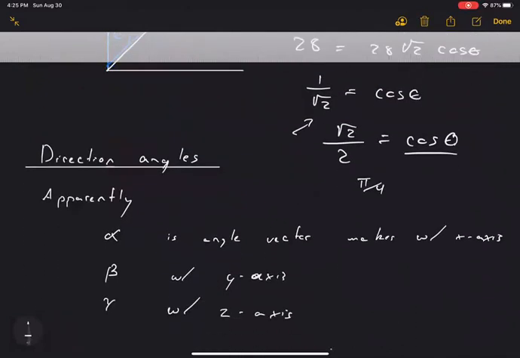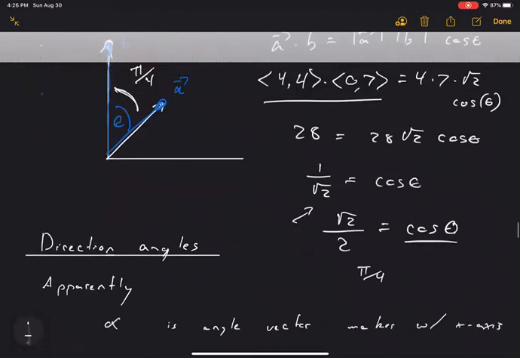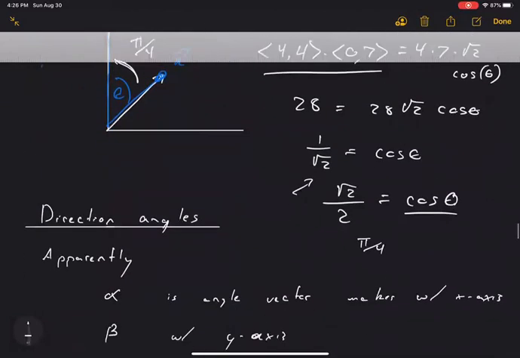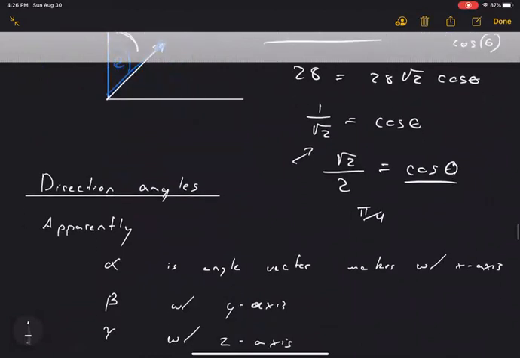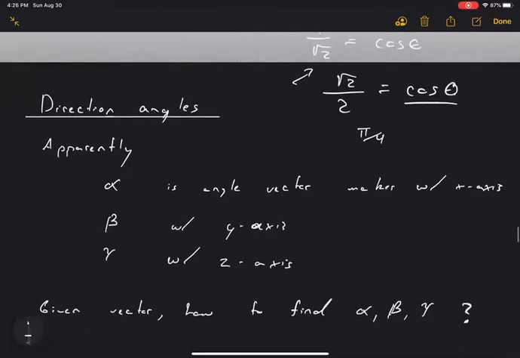And then this technique can be used to find these things called direction angles, which is something in your book. I didn't remember the term until I refreshed it. Not to say it's not useful, but I wouldn't say you would commonly see it in upper level courses.